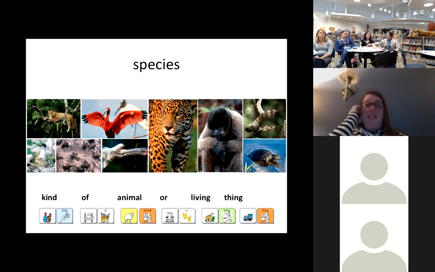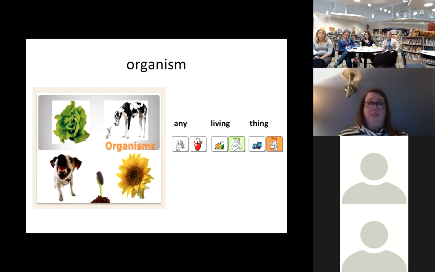A species is a kind of animal or living thing. But again, if I could only say 2 or 3 words, I might say kind animal, kind of thing, organism, any living thing. So see how we're able to describe these kind of harder words with really easy, simple words.